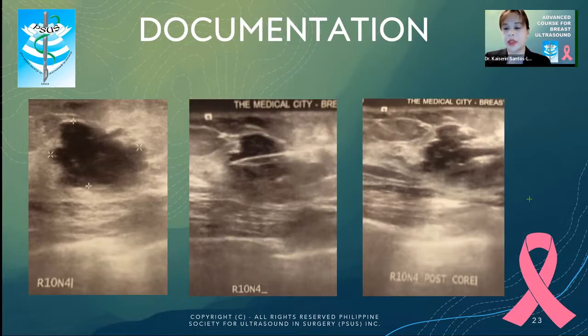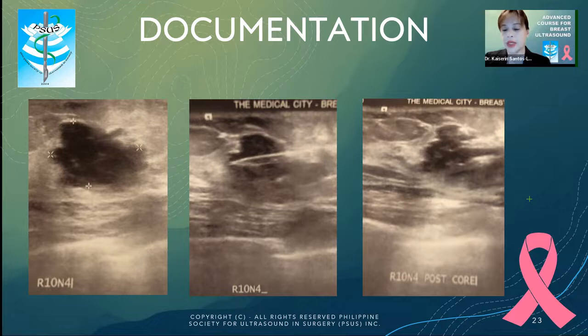One very important use of our ultrasound is documentation. We have to image our target lesion. We have to visualize our needle, whether we are infiltrating for a local anesthesia or during the procedure. And we actually have to visualize the entire procedure where our needle is parallel always to the chest wall, and even as we withdraw the needle.